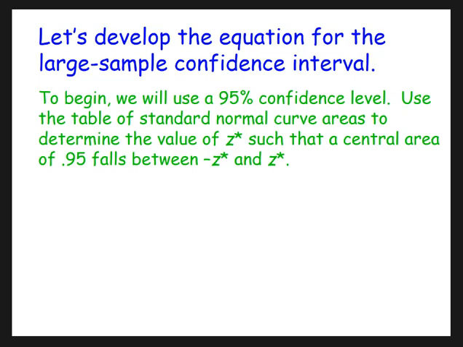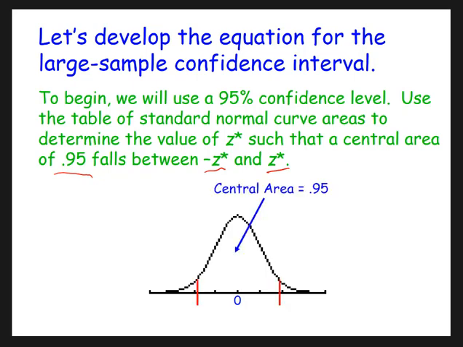Z star is what we're going to refer to as the critical value of Z. It's a Z-score such that 95% of the area of the curve falls between negative Z star and positive Z star. So on our curve, 95% is in the middle. The other 5% gets split equally to each end, so that'd be 2.5% to each end, a probability of 0.025.